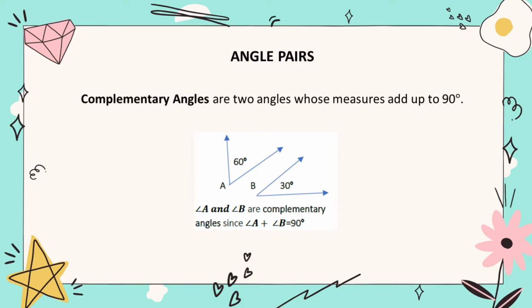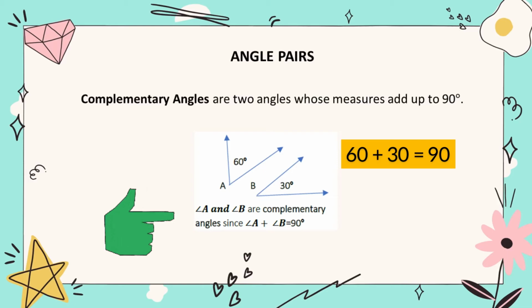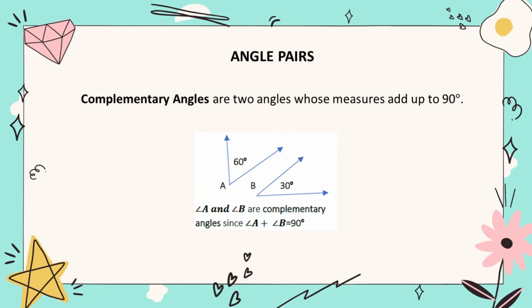So in our example, we have angle A, which is 60 degrees, and angle B, which is 30 degrees. Pag inadd natin, 60 plus 30, it will give you 90. Therefore, si angle A and angle B are complementary angles.